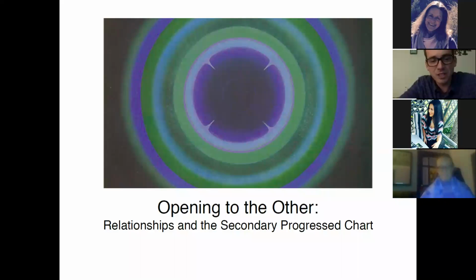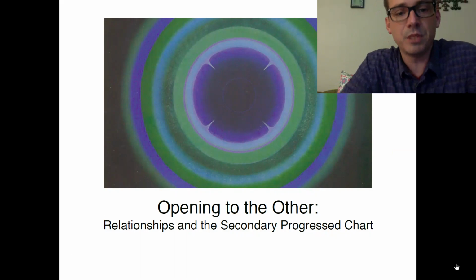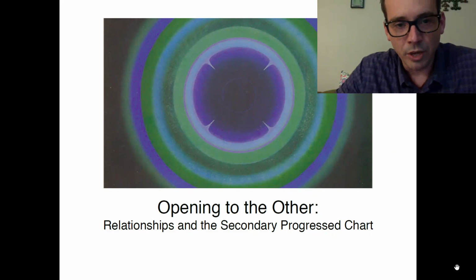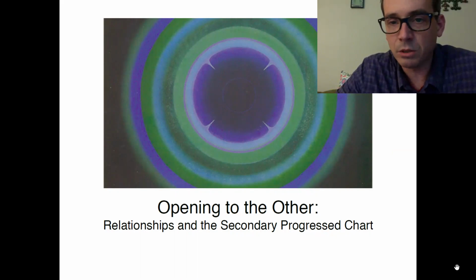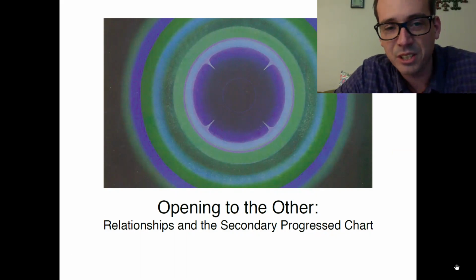We're doing relationships and progressions. It's called Opening to the Other: Relationships and the Secondary Progress Chart. What we're going to talk about today is the secondary progress chart and how it comes into play with our natal chart, especially in terms of our relationships. I want to thank Deanna, our volunteer today, who is going to be sharing some of her life and energy with us.